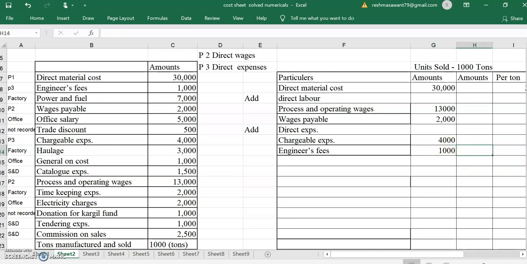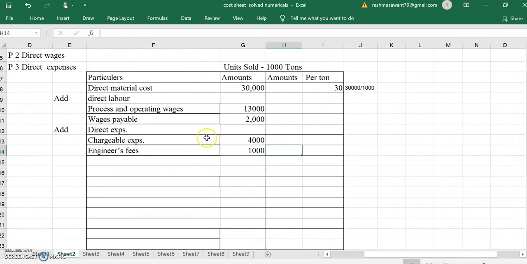Now the per unit value of each heading. 13,000 divided by 1,000 tons is 13 rupees. 2,000 divided by 1,000 is 2 rupees.